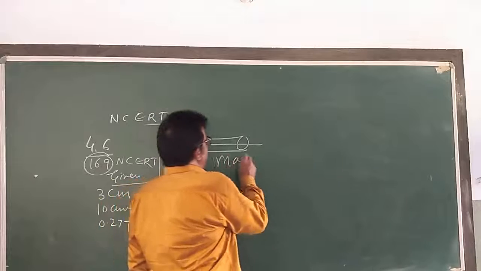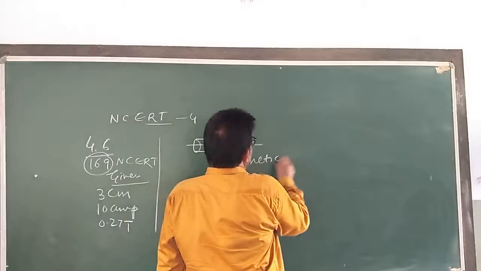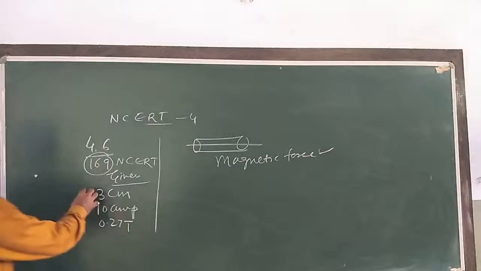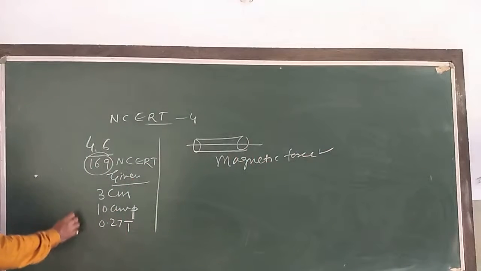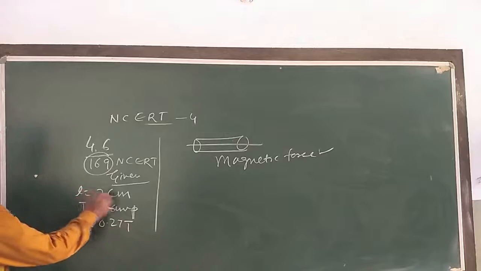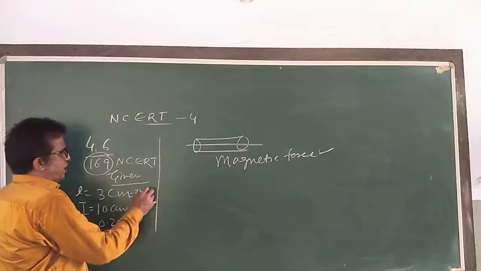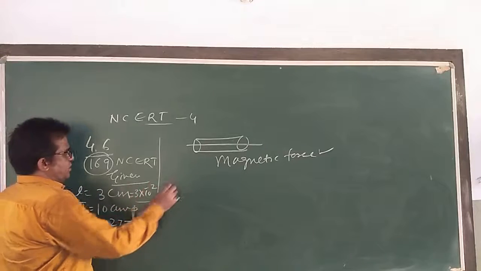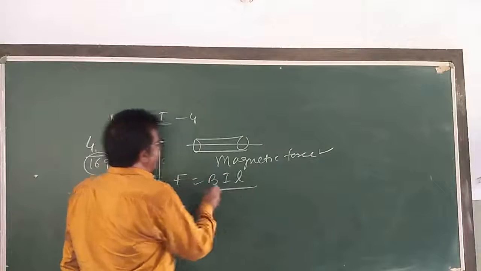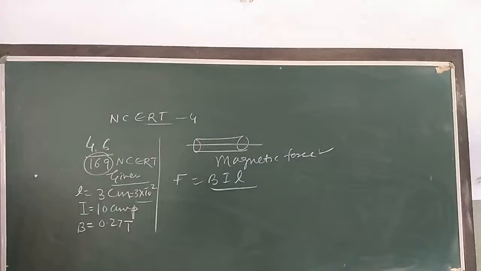What is the magnetic force on the wire? The things given here are B, the magnetic field, I is the current, and length 3 centimeter, that is 3 into 10 raised to the power minus 2. The formula for the force is BIL. That is perpendicular, so angle theta is 90 degree.